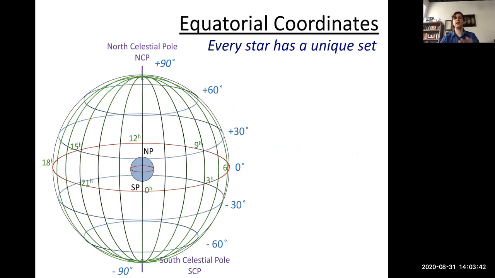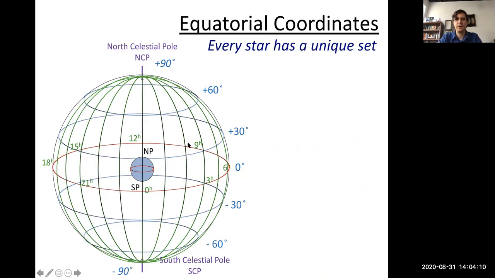Let's put all this together so you can see a practical example. So now I've put my lines of declination, my equatorial coordinates, from -90 all the way to +90 in increments of 30 degrees. So you can see those in blue. And then in the green, I have my lines of right ascension from 0 hours all the way around to 24 hours, where each ring is 1 hour, 2 hours, 3 hours, 4 hours, 5 hours, 6, so on and so forth, all the way around.